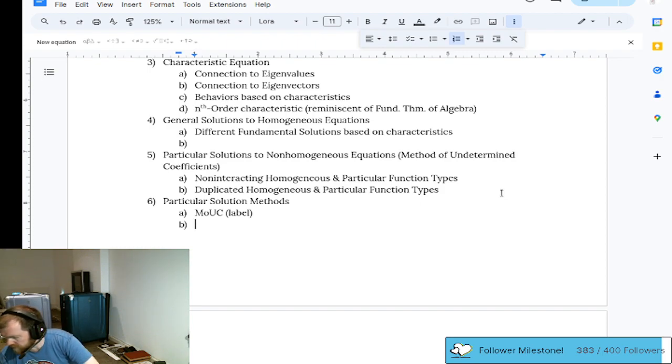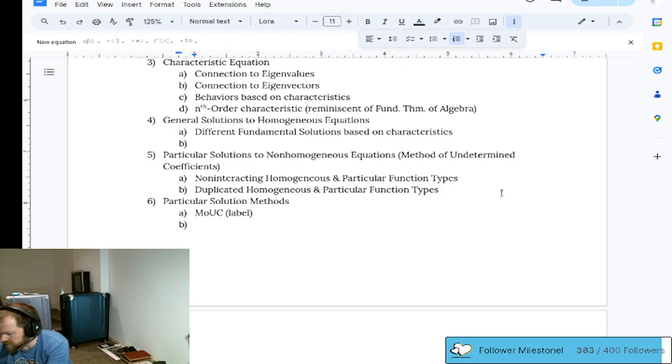Okay, so method of undetermined coefficients is there. Alright, is there anything that I would like to talk about in here besides that? Just that it exists. Okay, variation of parameters.